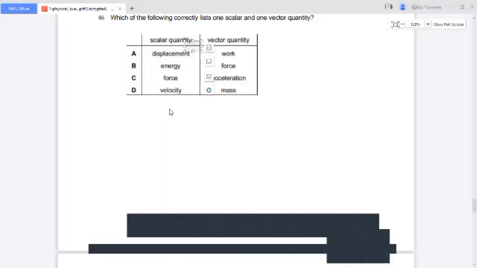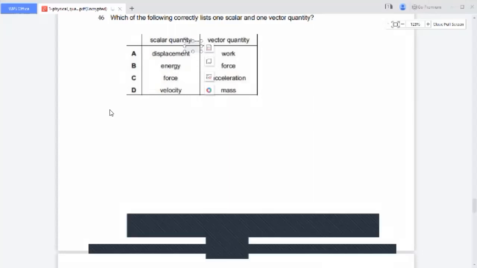Which of the following correctly lists one scalar and one vector? Displacement is a scalar quantity, we know it very well. So I'm going to mark only scalar quantities. Force is a scalar quantity, velocity is a scalar, oh sorry, force is a vector quantity, let me redo it.